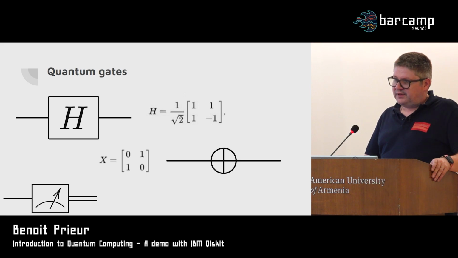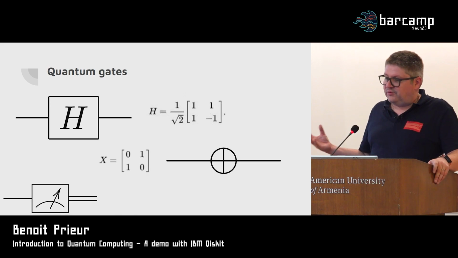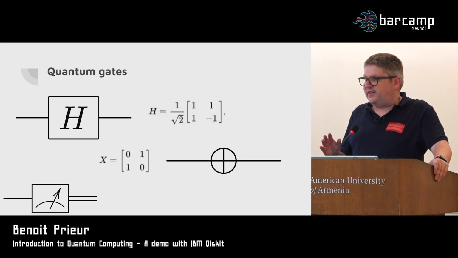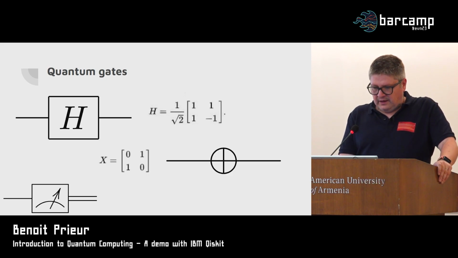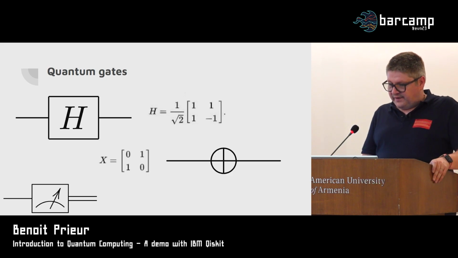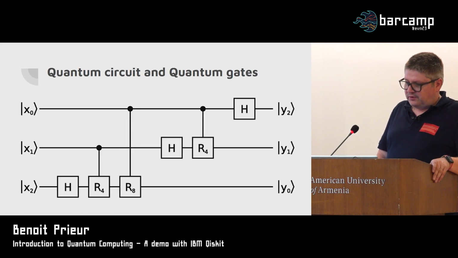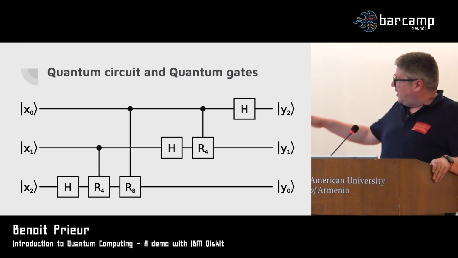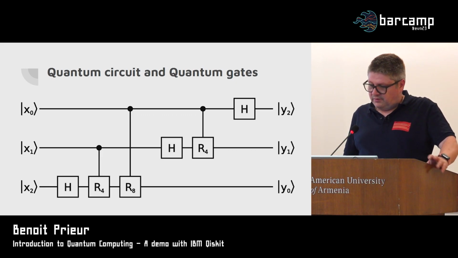So the capability on a qubit to get the value, actually, and to get a 0 or 1 and not a superposition. For example, this is an example of a quantum circuit using a few quantum gates, Hadamard gates 3 times, and we have outputs here, and we can do a lot of things with that.